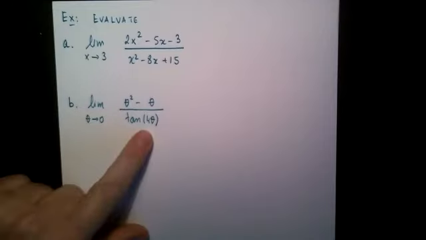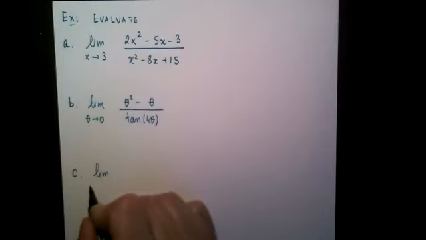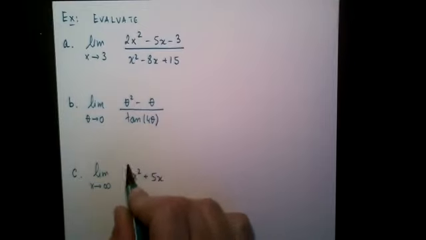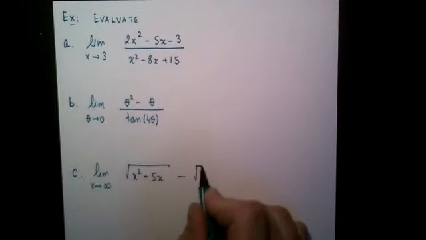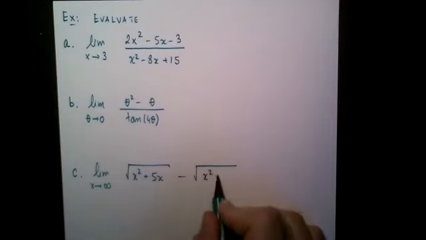Yeah, it's 4 theta. Thank you. I hope I'm leaving enough space to answer it. Third: limit as x approaches infinity of square root of x squared plus 5x minus square root of x squared plus x plus 2x.